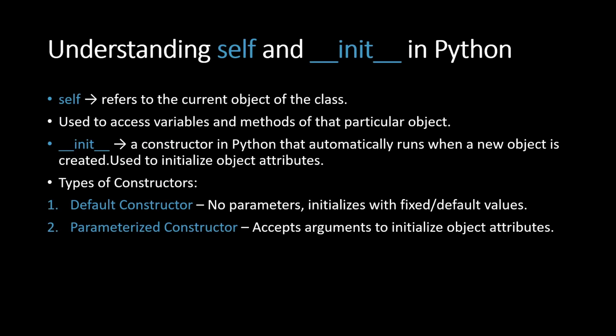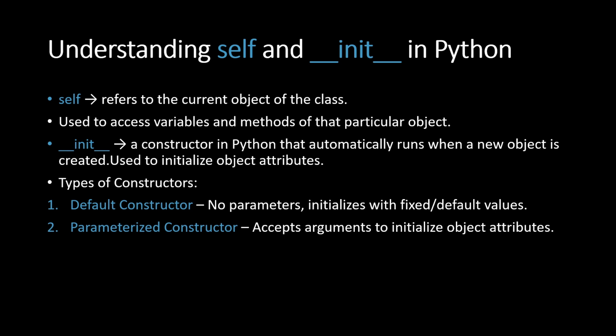Now we'll learn about what is self and what is init in Python, right? Earlier I tried to explain, here I'll try to explain in detail. So self refers to the current object of that class, used to access variables and methods of that particular class.